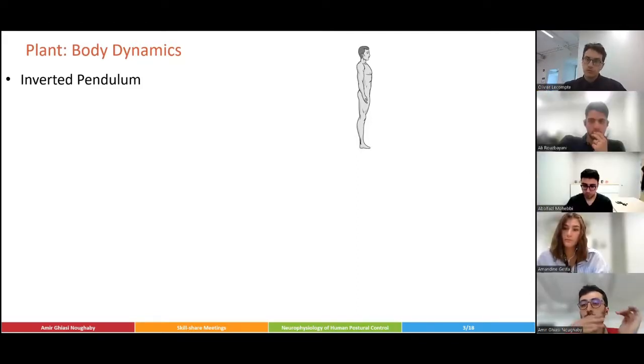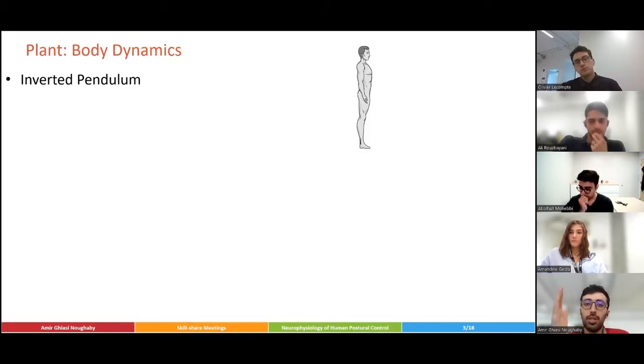So if we look at the body from the side, in the sagittal plane, the two legs are in the same direction. But in the stance phase of gait, they are far from each other, but with some constraints, we can model it as an inverted pendulum.